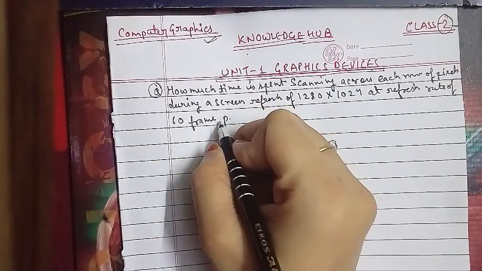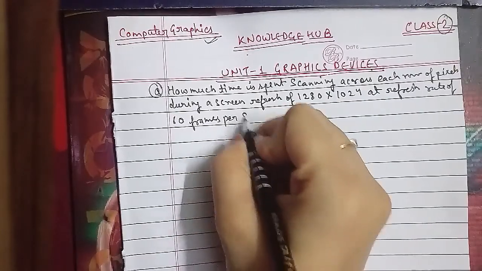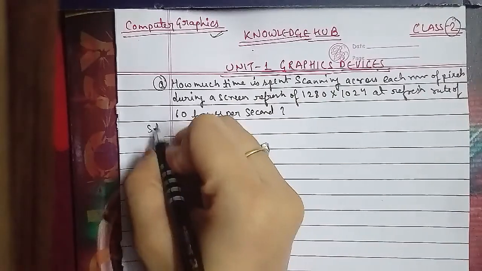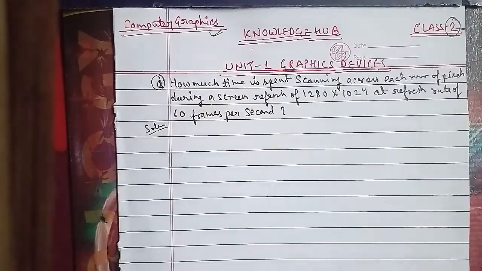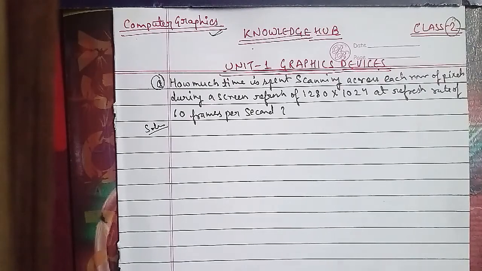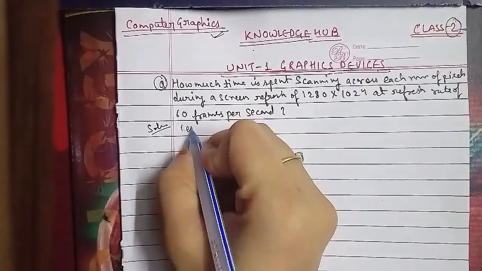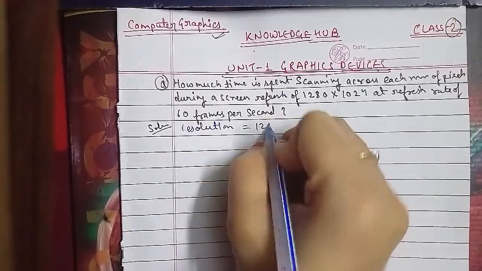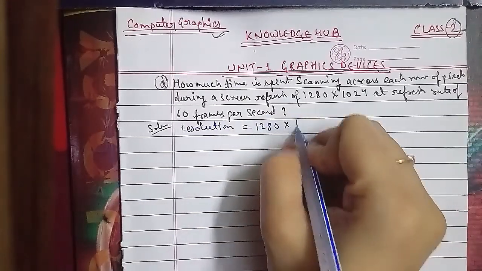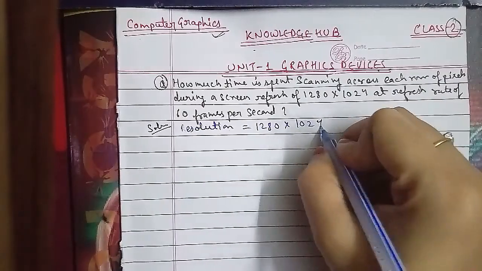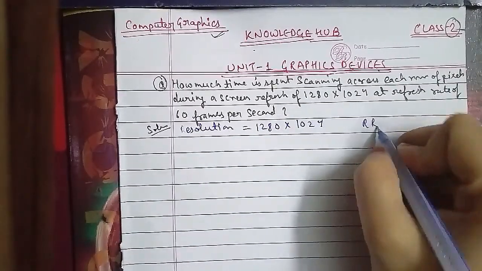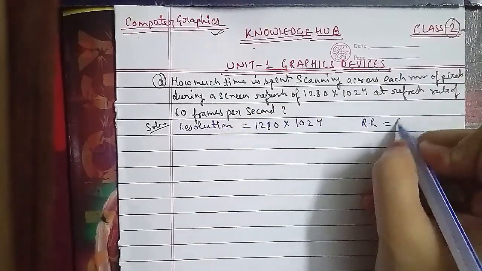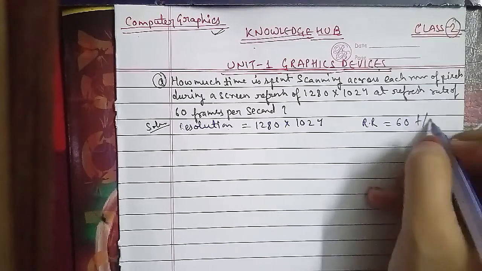So here we have to find it out. Let's go ahead with the solution here. In this solution, we know that resolution is equal to 1280 multiply 1024, and refresh rate, as we know, is 60 frames per second, so that is equal to 60 frames per second, and therefore one frame refreshes every 1/60th second, we can say that.